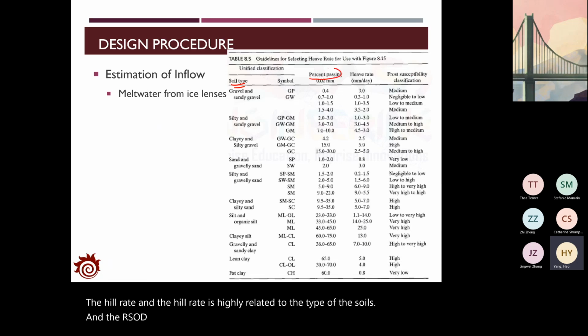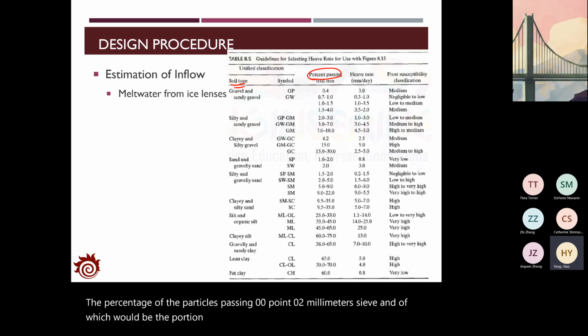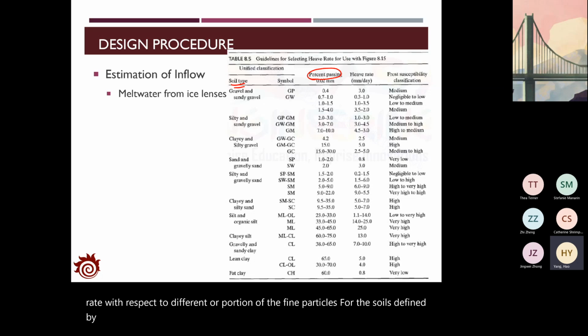the percentage of the particles passing the 0.02 millimeter sieve, which would be the portion of the fine particles. This table shows the heave rate with respect to different portions of the fine particles for the soils defined by the USCS method.